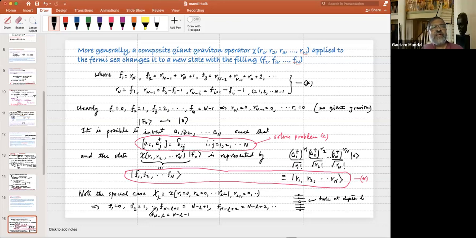Now it is possible to invent A1, A2, AN, and I'll tell you in the next slide how that is done, which satisfy the Heisenberg relations, and they are finite in number.